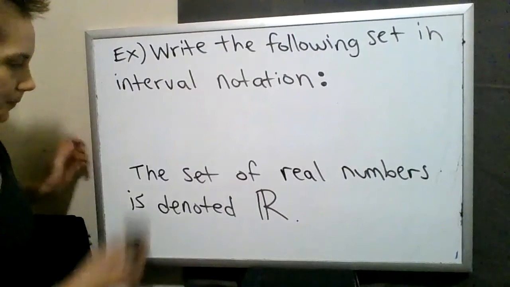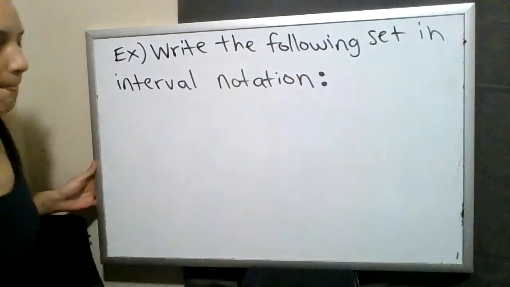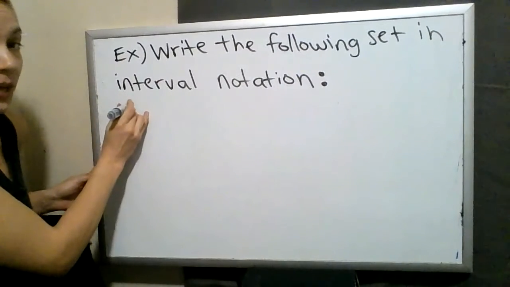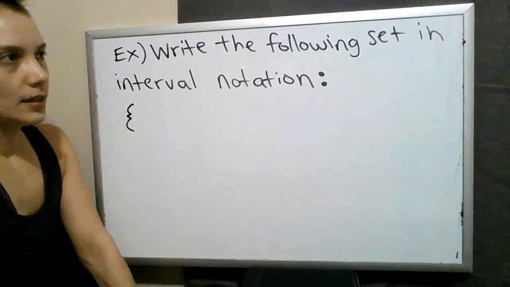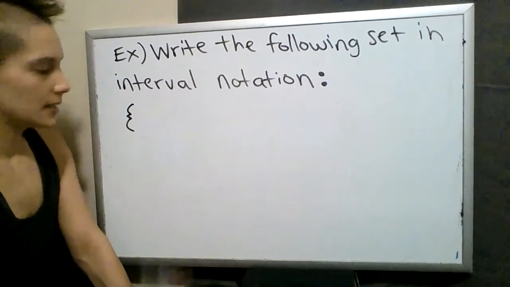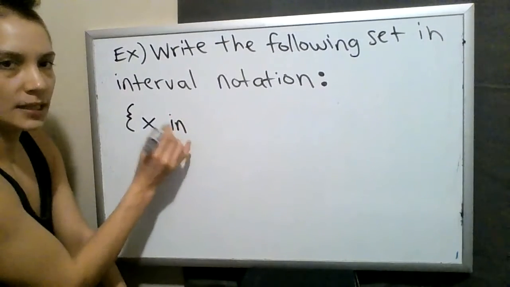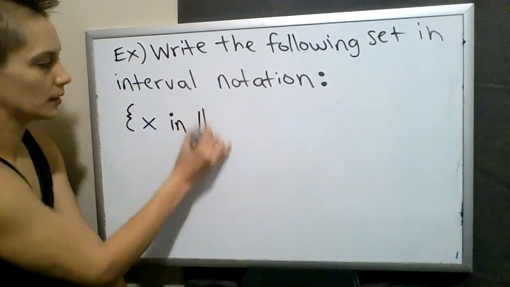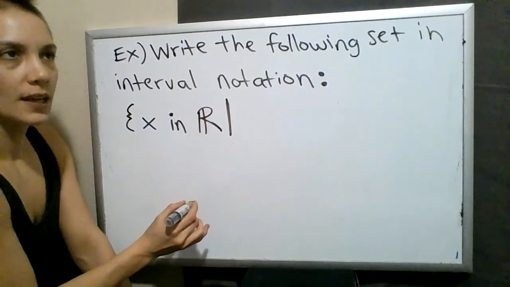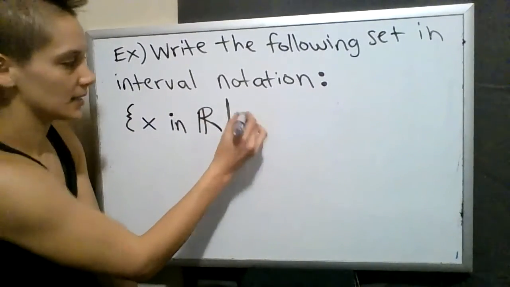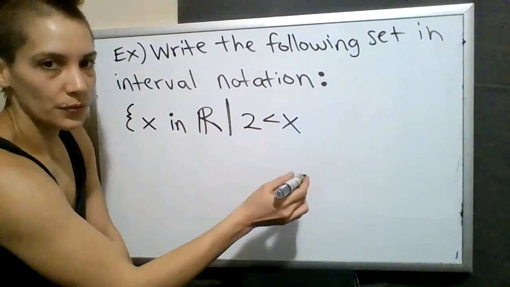So we start the set with a curly bracket. Our variable is x. It is any value in the real numbers such that 2 is less than x, which is less than or equal to, let's go with 5.